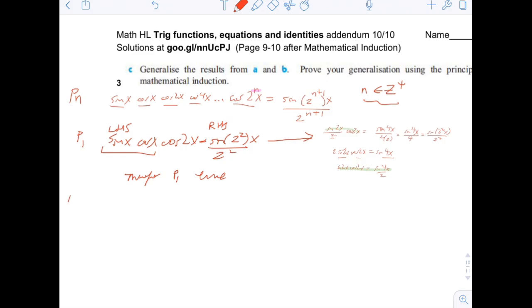Now we are going to prove the step case. First we're going to say, assuming that Pk is true, what do we know? So now we can take this expression here and put it here.